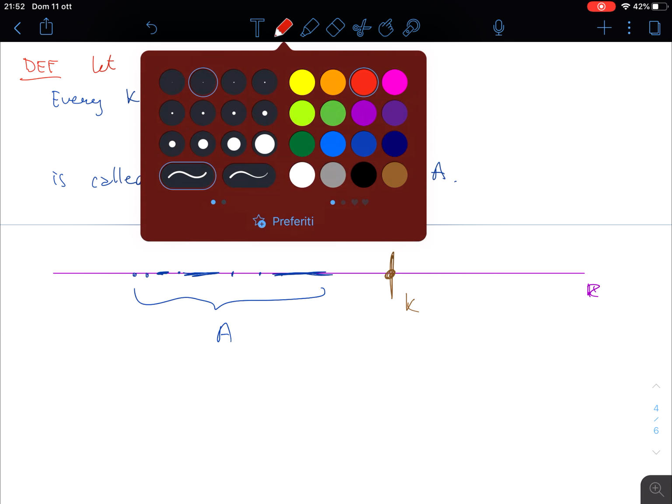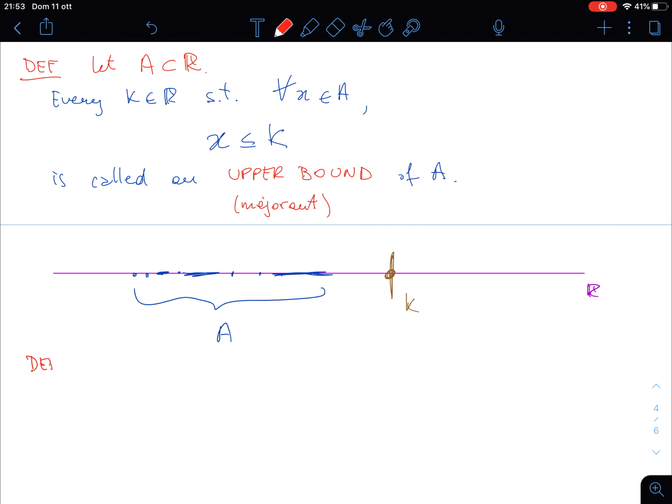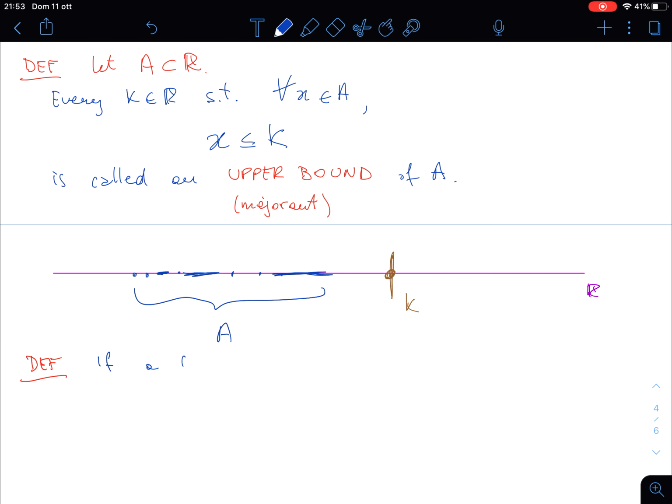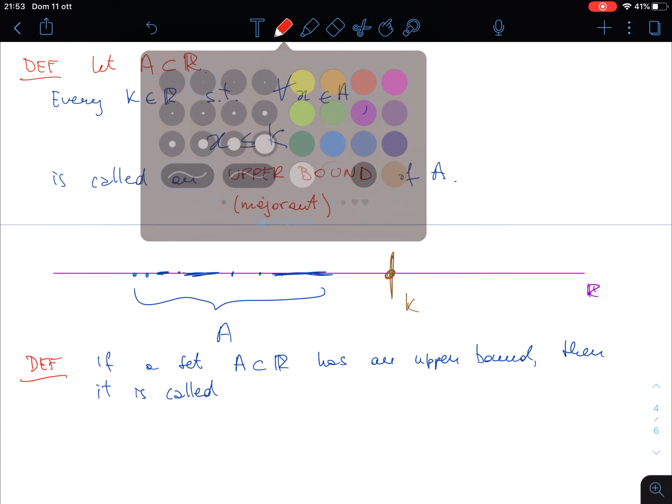So, another definition, this is just a name. If a set A, subset of R, has at least an upper bound, then it is called upper bounded.